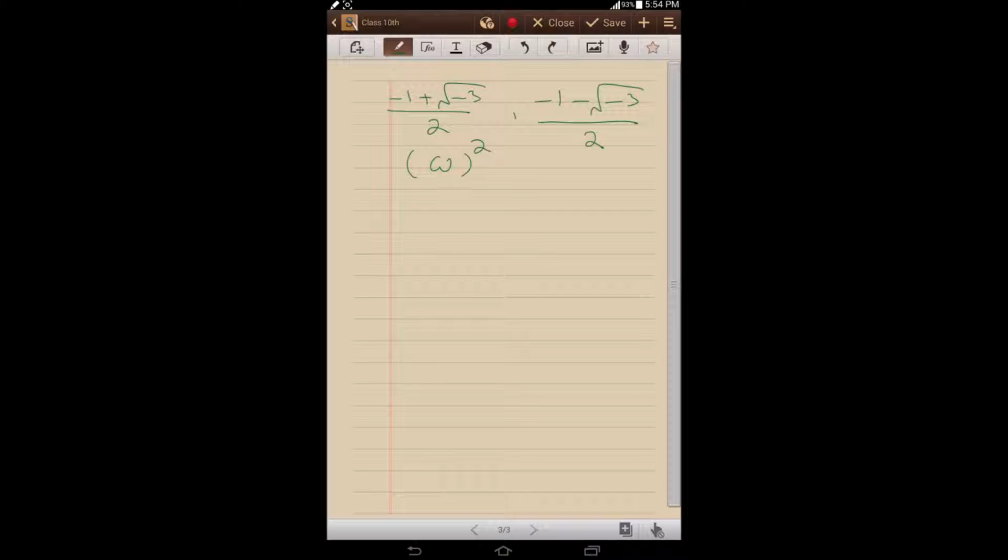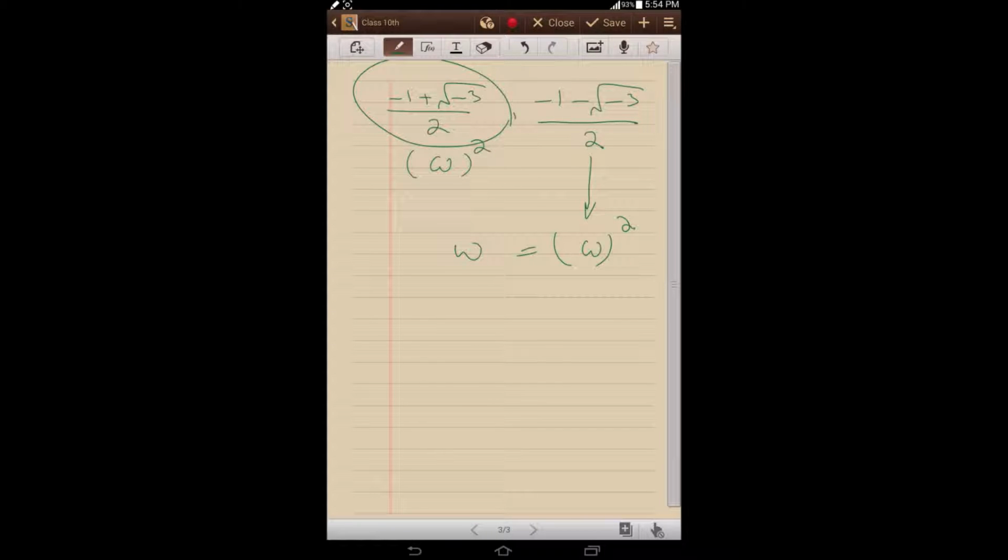And also if we call this part omega, then the square of this one is equal to this one.